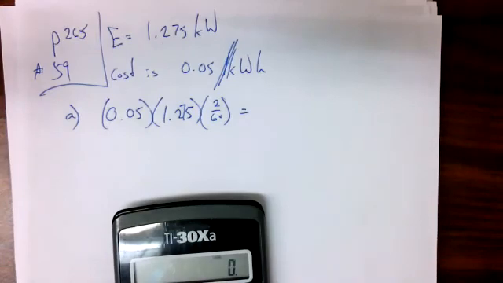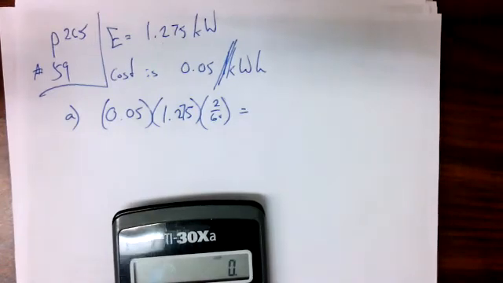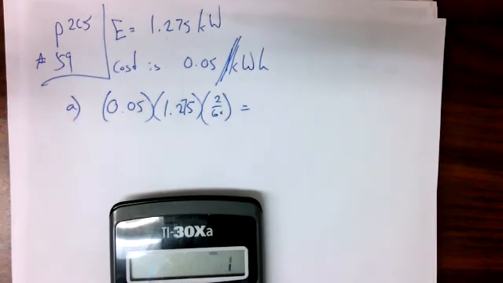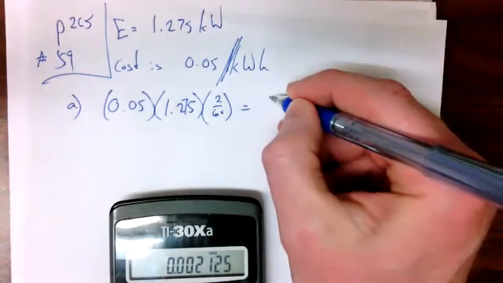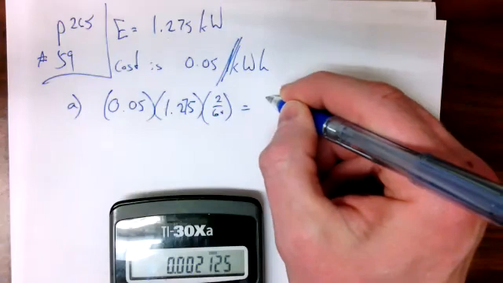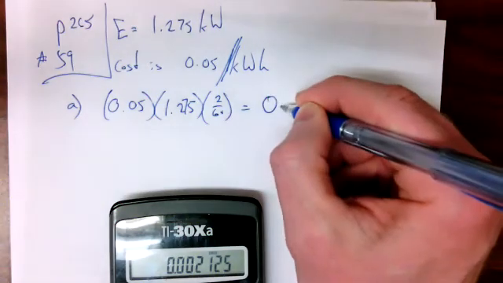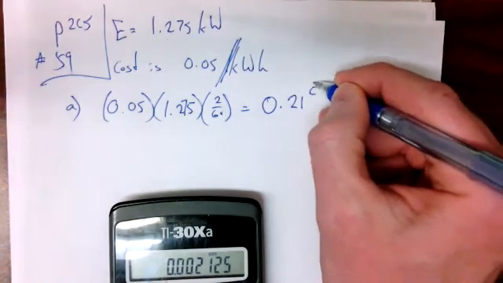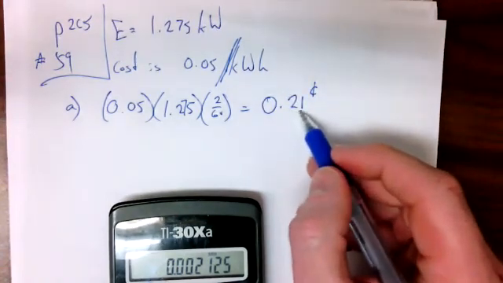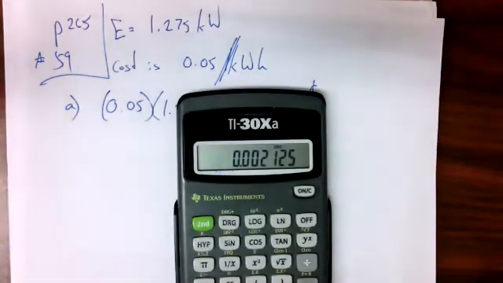So 0.05 times 1.275 times 2, divided by 60 equals 0.21 cents. So it's not 0.21 of a dollar, it's 0.21 cents, because of the decimal places.